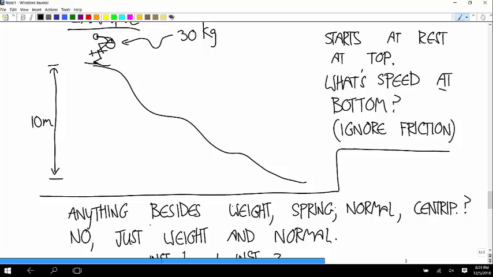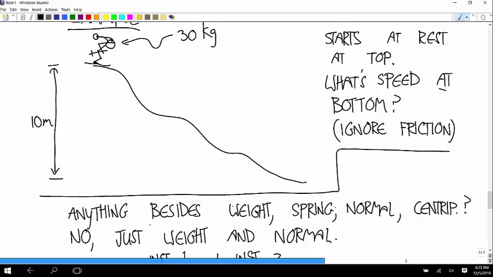That's 30 miles per hour, pretty fast. The amazing thing about this is that the answer had nothing to do with the shape of the hill. As long as you can get down there, if there's no friction, you could take any path you want, and at the bottom you'd have the same speed. That's a big if.